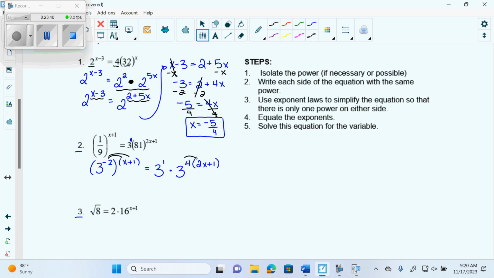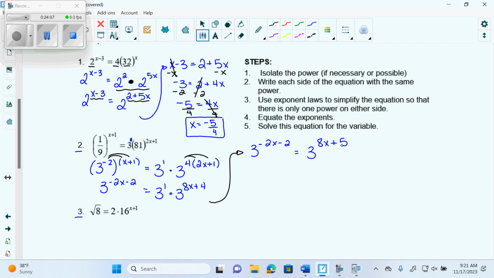We distribute and distribute, so we're going to get 3 to the negative 2x minus 2 equals 3 to the 1 times 3 to the 8x plus 4. And then we get 3 to the negative 2x minus 2 equals 3 to the 8x plus 5.